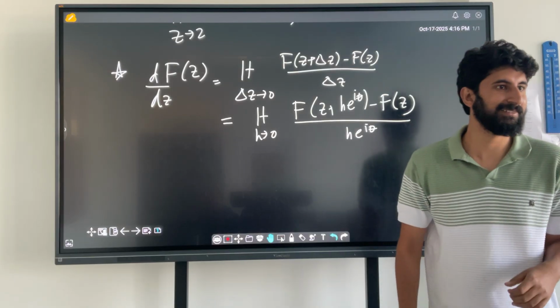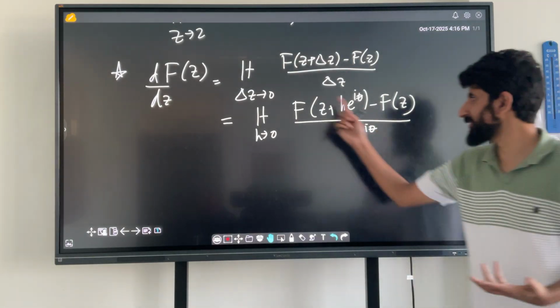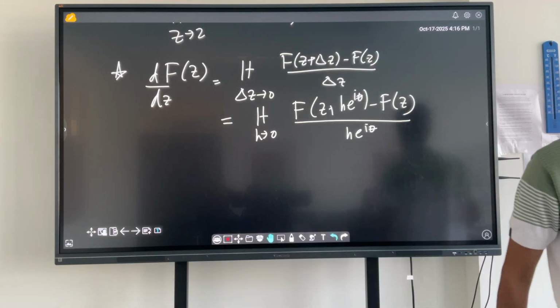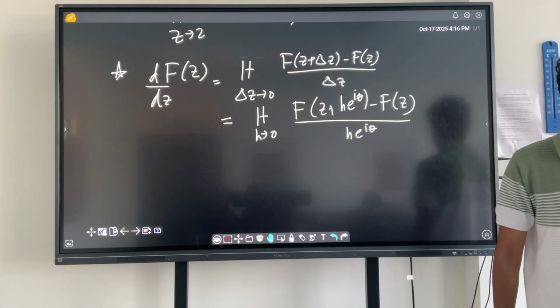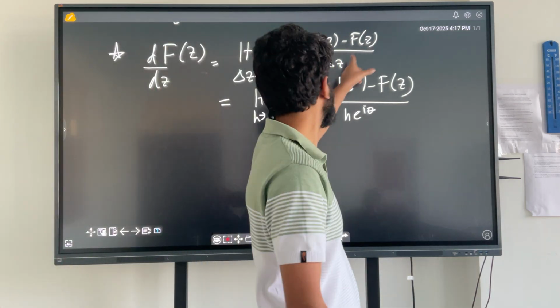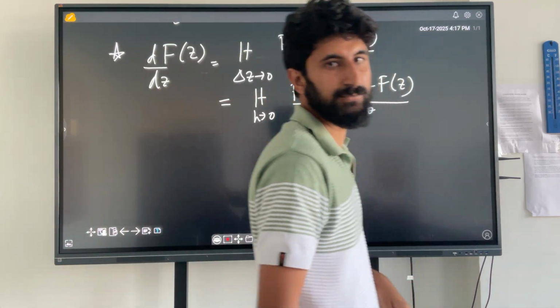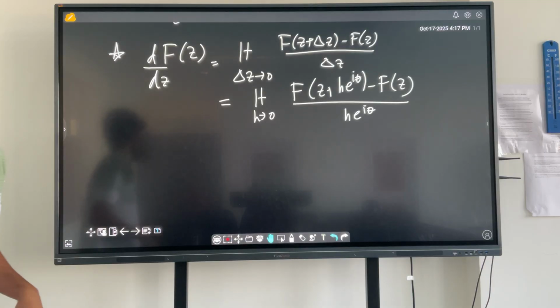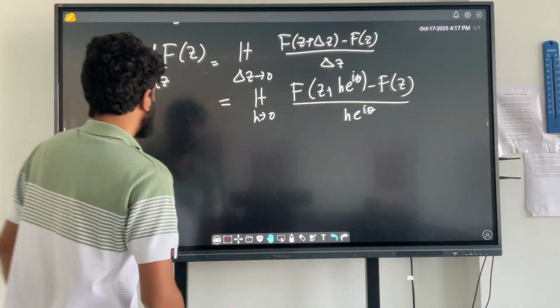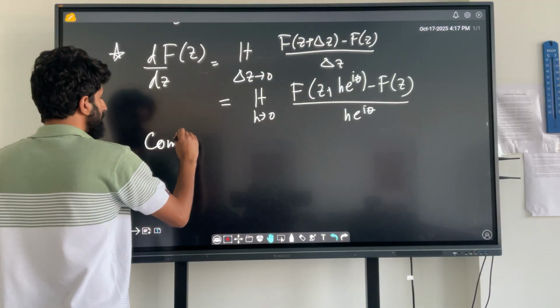Complex differentiable. This notion of differentiability is well defined on the complex plane, so we call it complex differentiable. So a function is complex differentiable if this limit exists. Do you understand complex differentiability now?